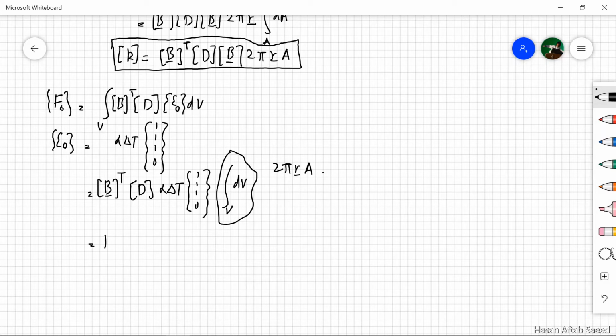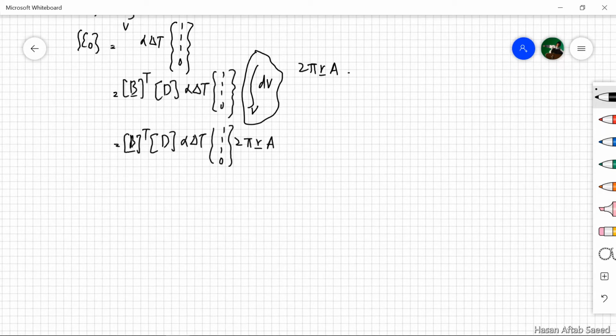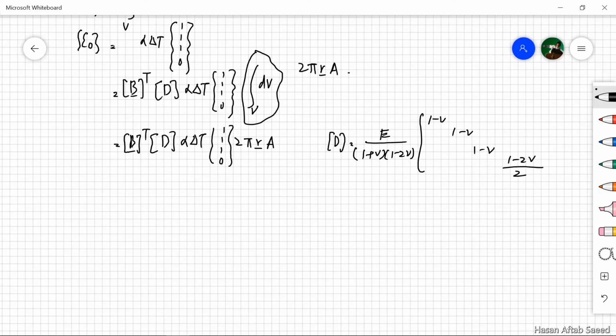So this becomes... Now recall that the D matrix is E over 1 plus nu, 1 minus 2 nu, 1 minus nu, 1 minus nu, 1 minus nu, 1 minus 2 nu over 2, nu, 0 0 0 0 0 0.